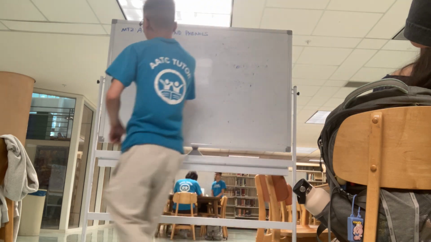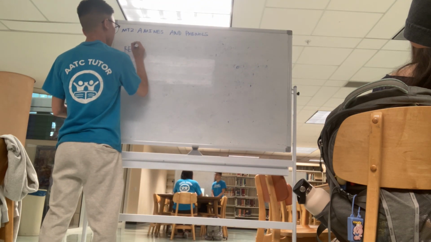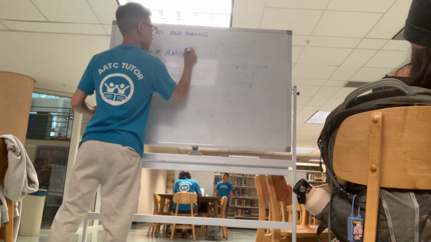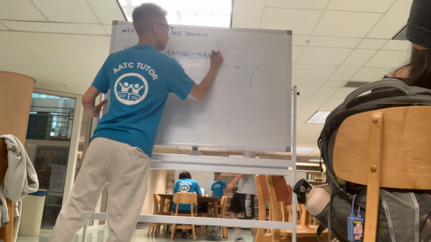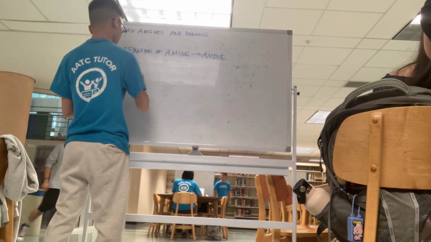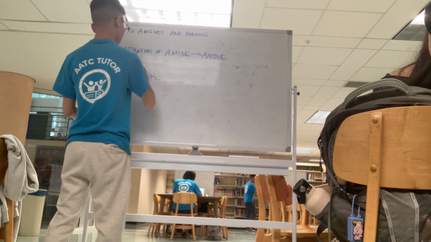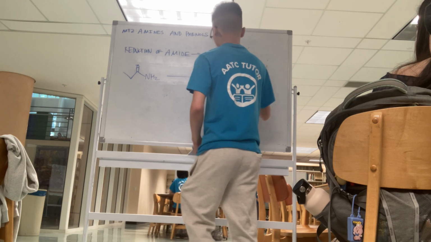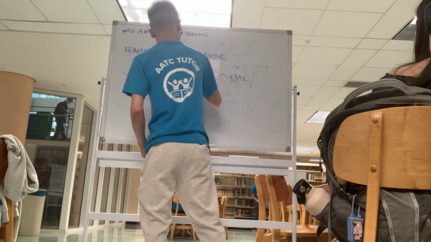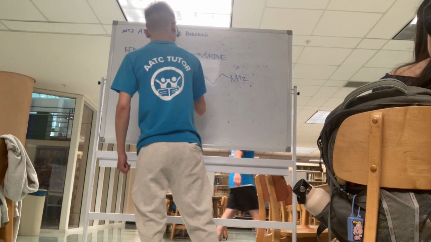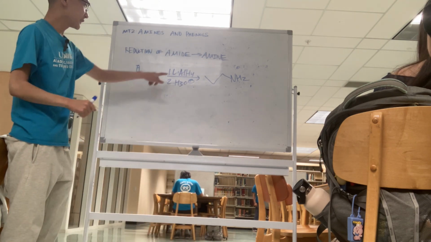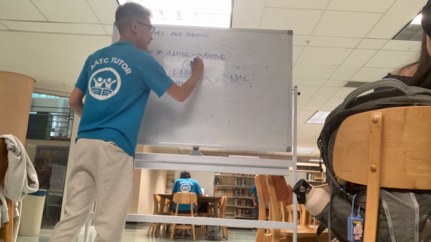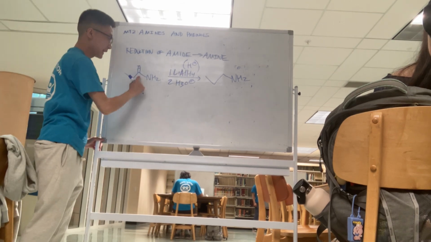So, reduction of amide. Whenever you see a reducing agent like lithium aluminum hydride, always think of a hydride ion, H minus, right? That H minus is going to attack that carbonyl carbon.